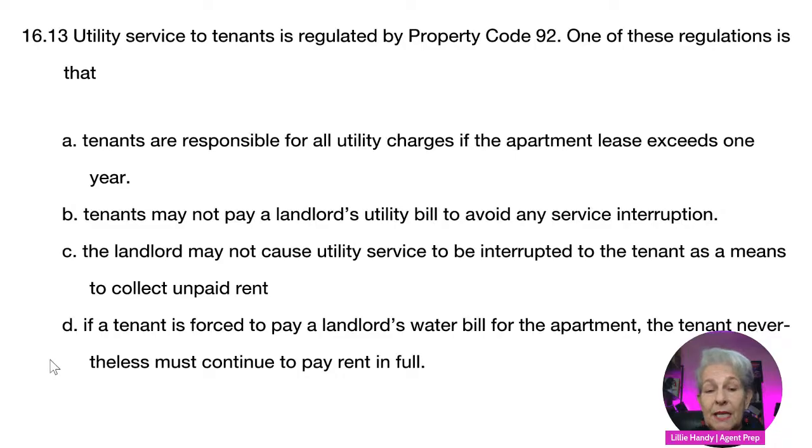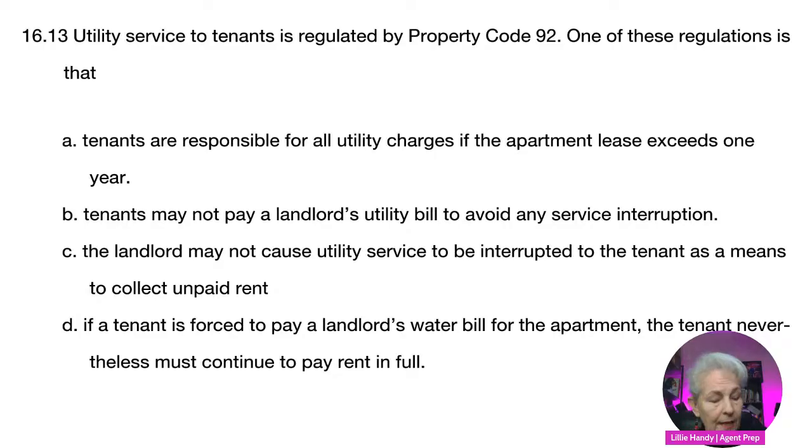Or D, if a tenant is forced to pay a landlord's water bill for the apartment, the tenant nevertheless must continue to pay rent in full. So what do you think the answer here is? No one?